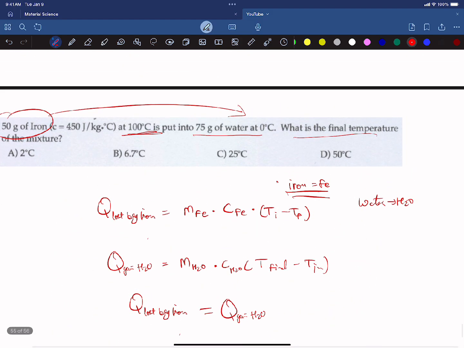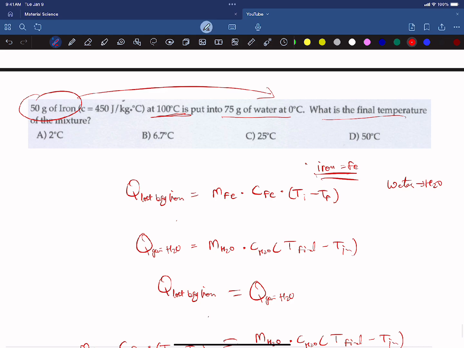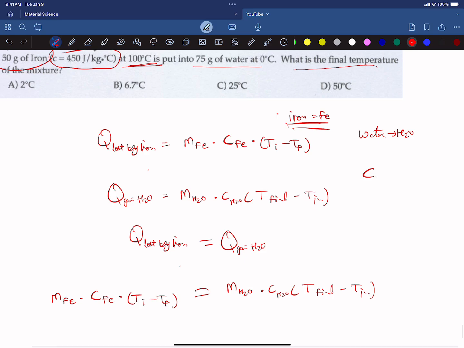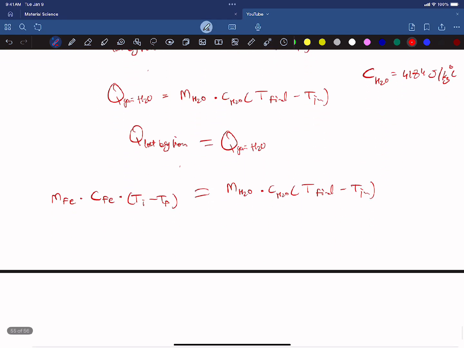Now we'll substitute all the values. Specific heat of iron is given, and the specific heat of water, okay, they didn't give the specific heat of water, so it will be 4184 joule per kg degree Celsius.